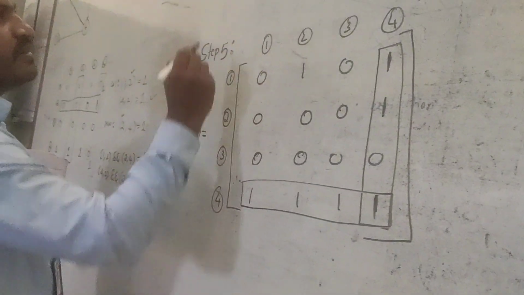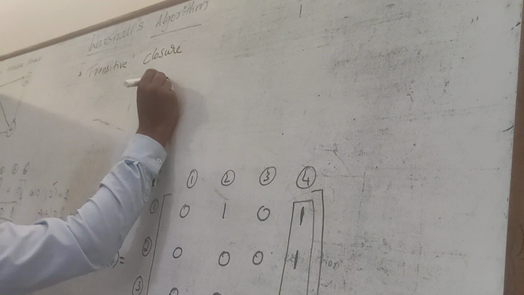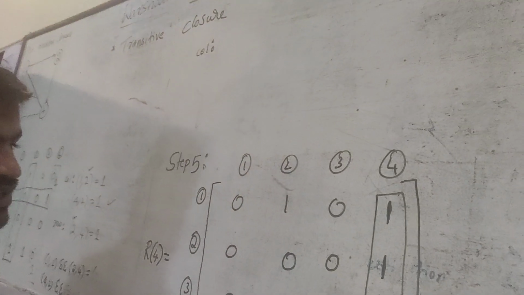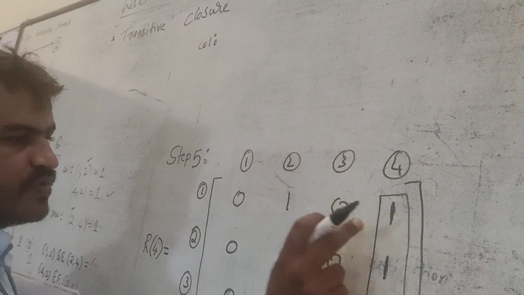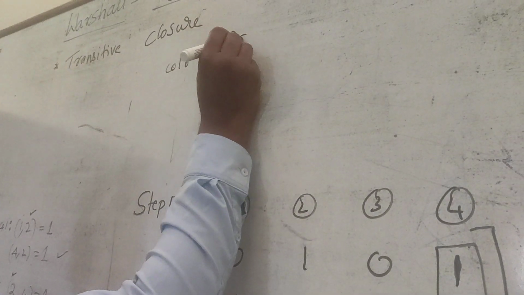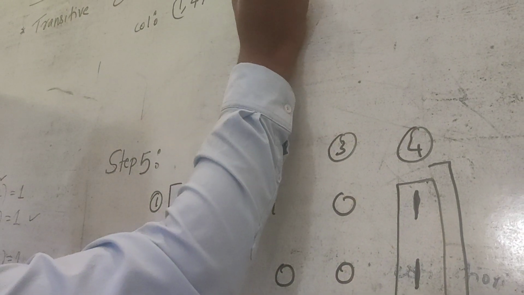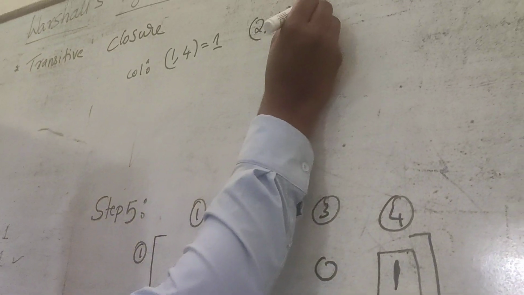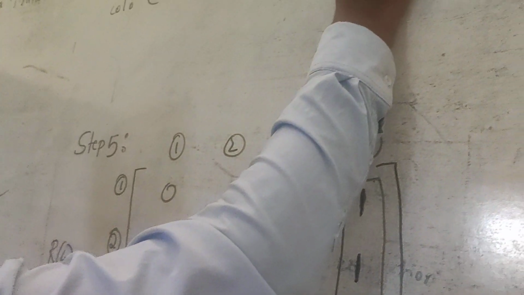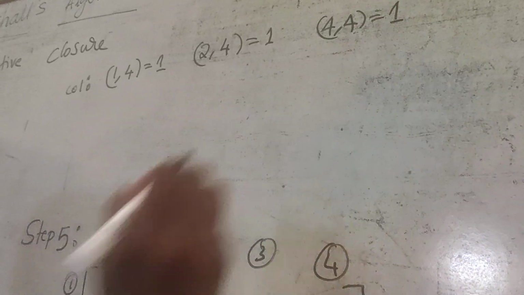Okay, in the column, where is 1 there? In the column, 1 is existing. 1 comma 4 is 1. Then 2 comma 4 is also 1. Then 4 comma 4 is also 1. Leave it.